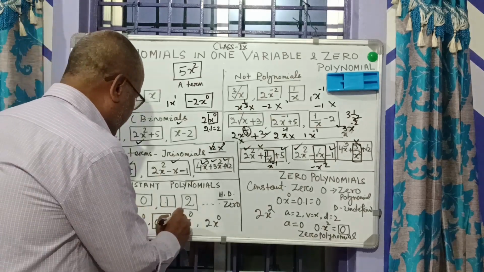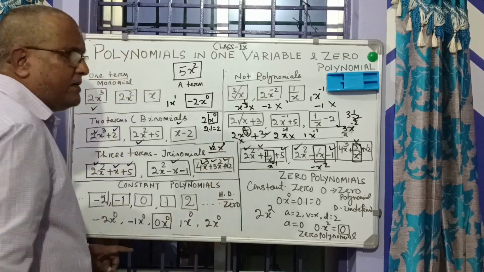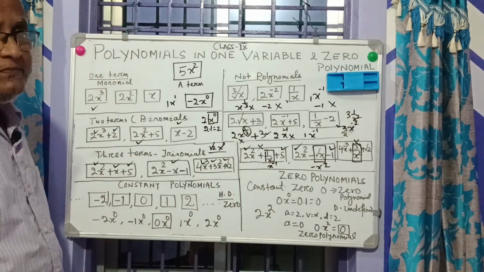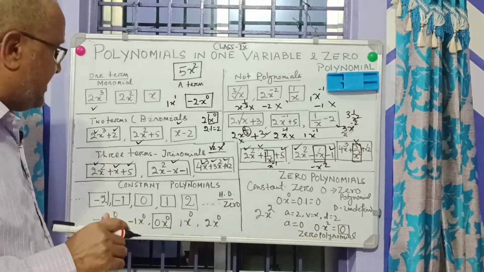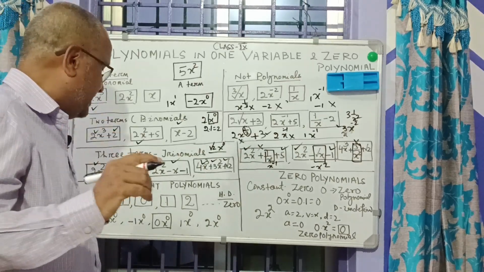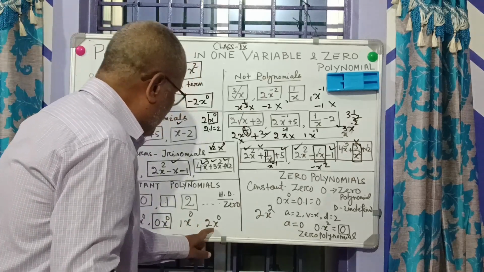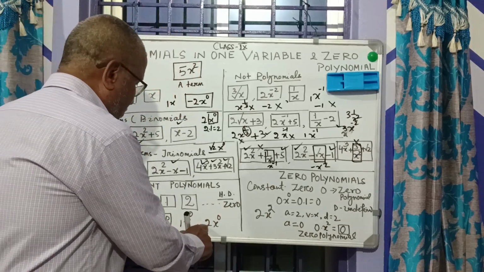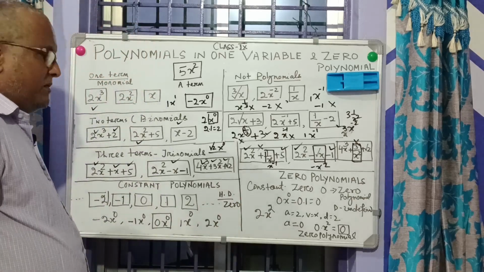In all cases you see, the highest degree is 0. So remember, the highest degree of a constant polynomial is 0. So here 2 is a constant polynomial, 2 is the coefficient, x is a variable, and degree is 0.